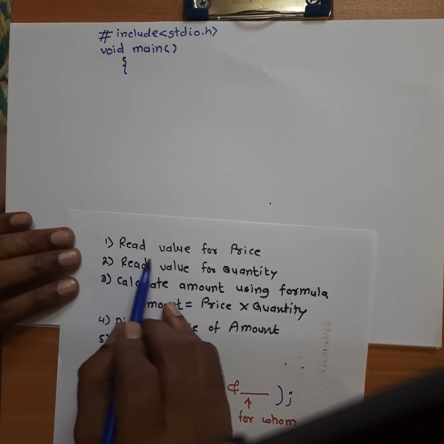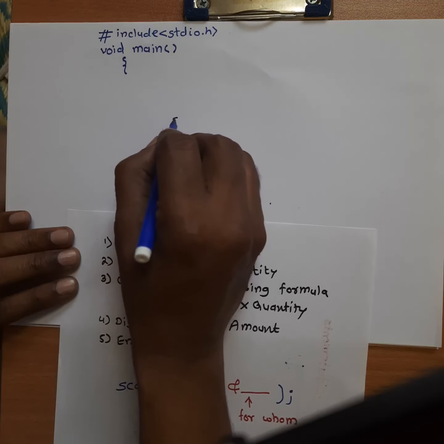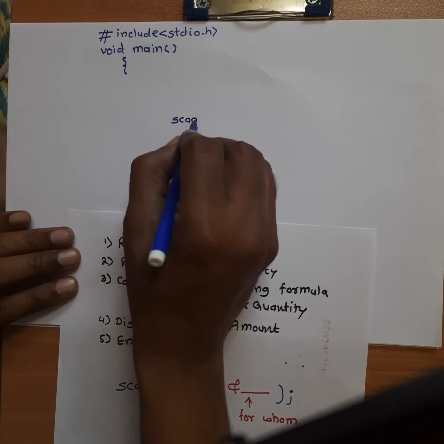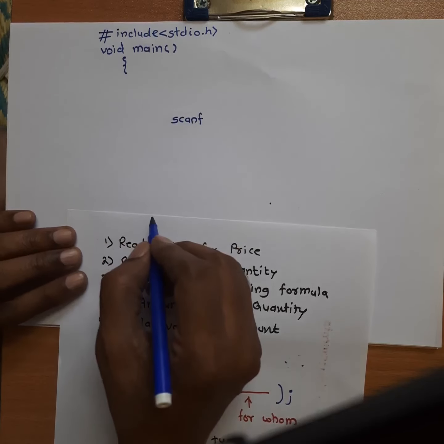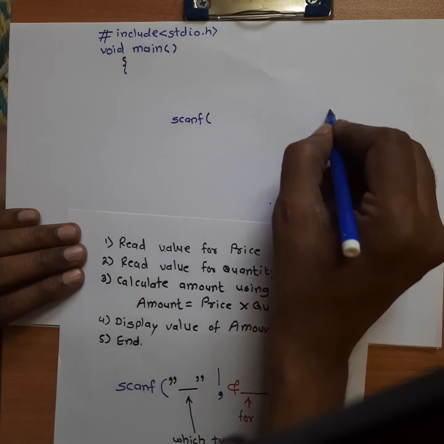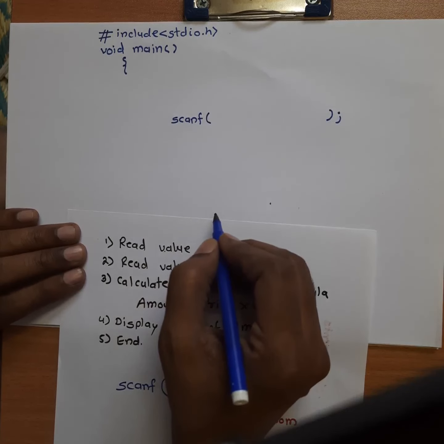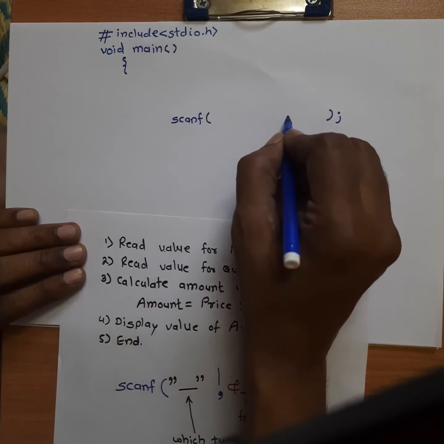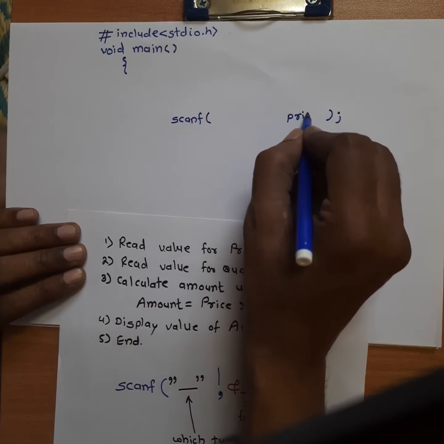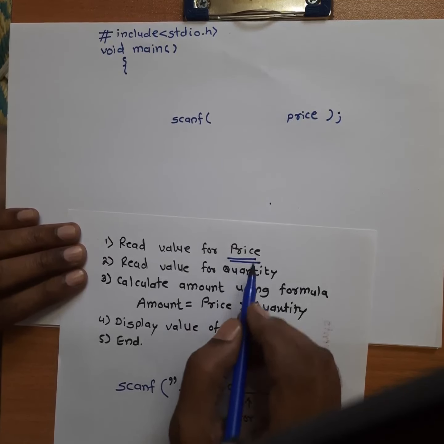The first statement is read value for price. So to read the number, we take help of a scanf statement. To read any value from a keyboard, we take help of a scanf statement. Open bracket, close bracket, semicolon, just to indicate the end of the statement. We want to read value for price.